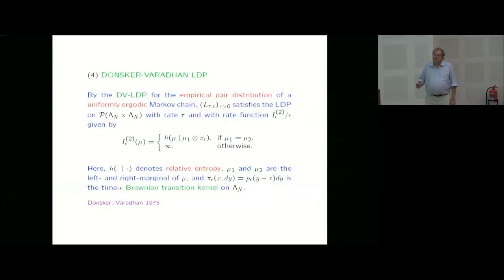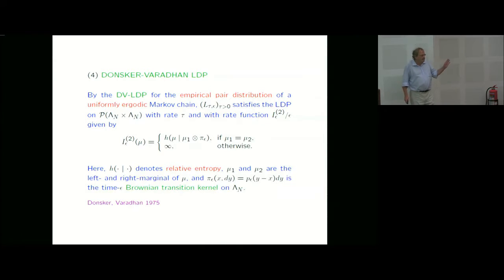Okay, we're now in a situation where we can start to apply the Donsker-Varadhan large deviation principle, and this empirical pair measure is a very nice object. It satisfies a large deviation principle on the set of probability measures on my torus with rate tau and with a certain rate function that is just given by a relative entropy.